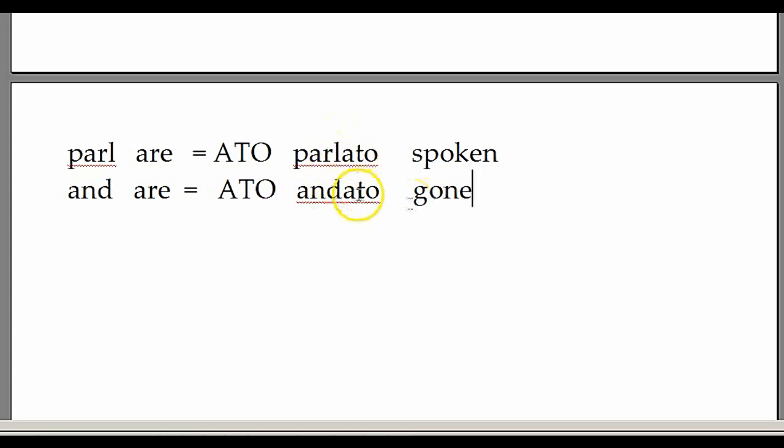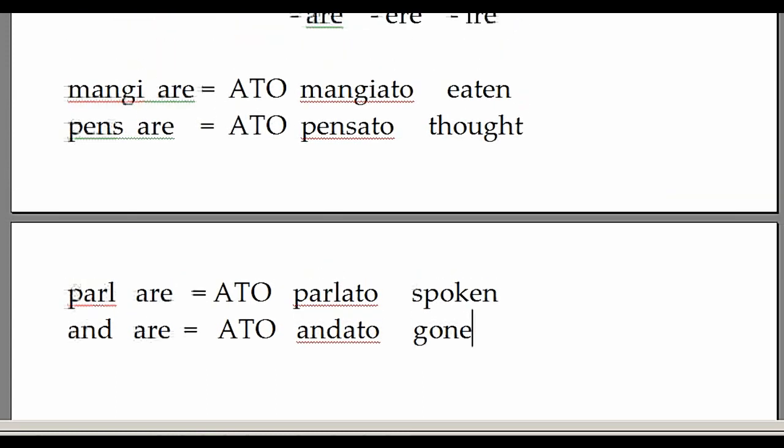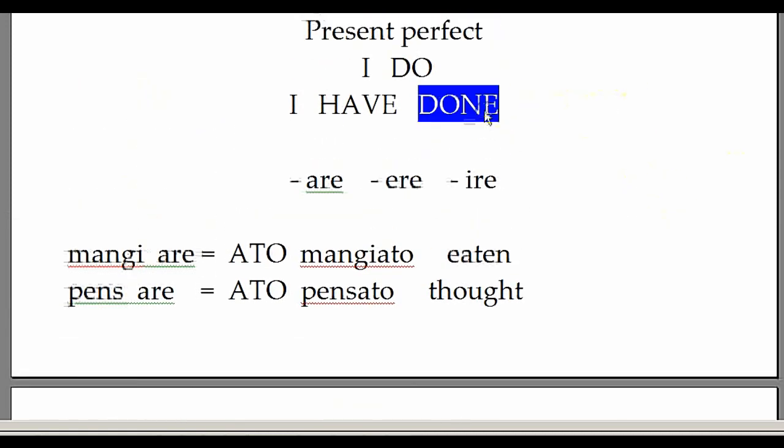So, the past participle is this form of the verb that you use in English for the present perfect, in Italian for the passato prossimo. Okay?